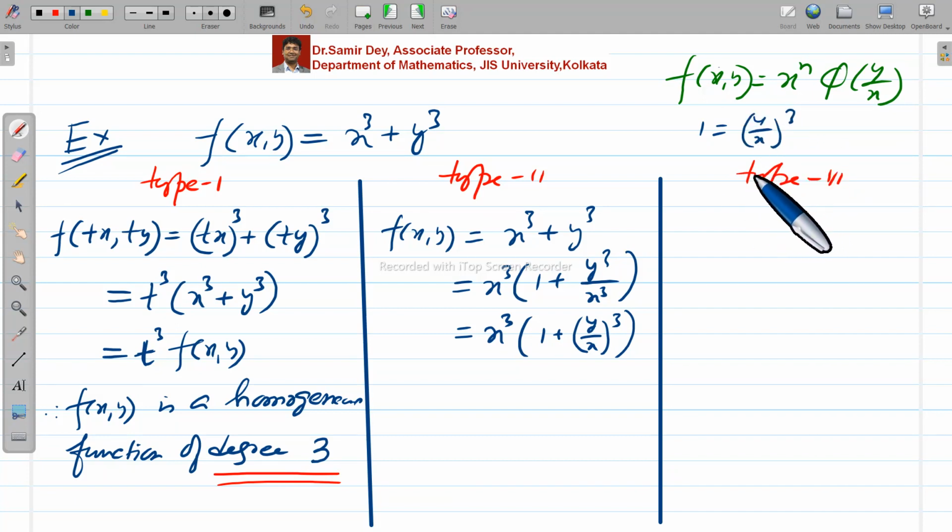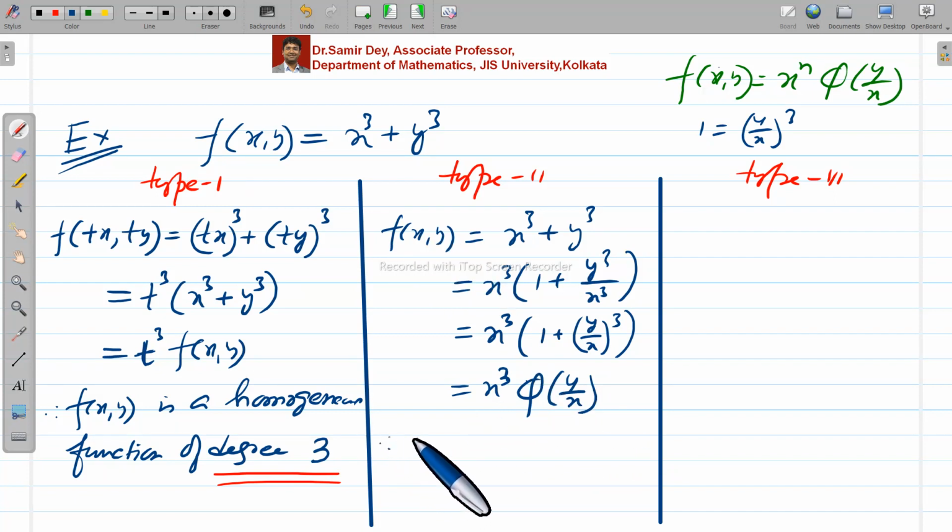So just take x common, then you can write x cube times some function phi of y by x. That means you have expressed f(x,y) like this.